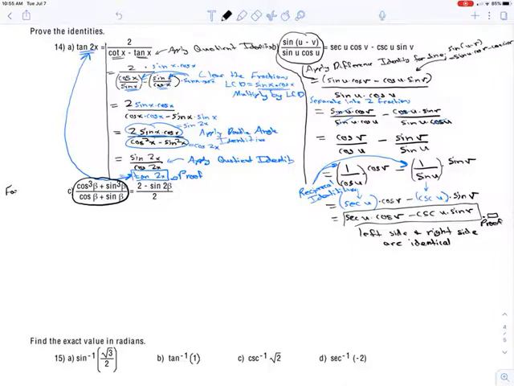We need to review. So remember, what is the sum of cubes factor? A cubed plus b cubed equals a plus b times a squared minus ab plus b squared. So that's our sum of cubes factor. We're going to apply that, so let's use that property here.